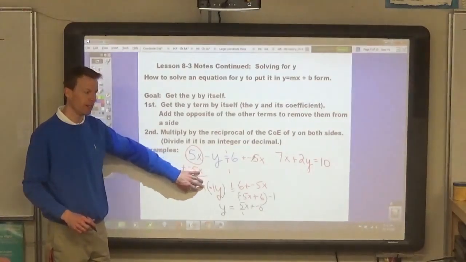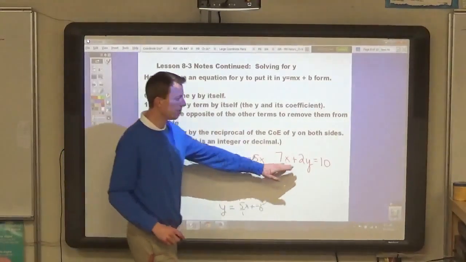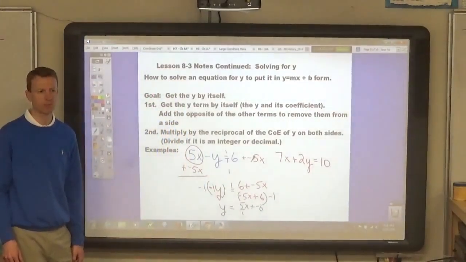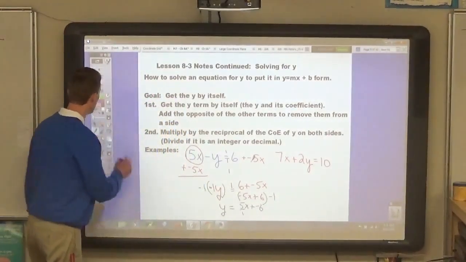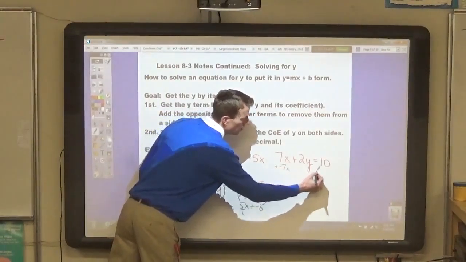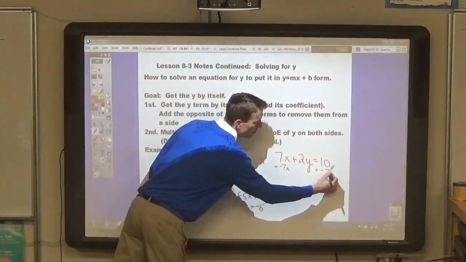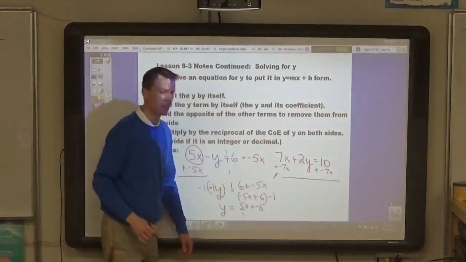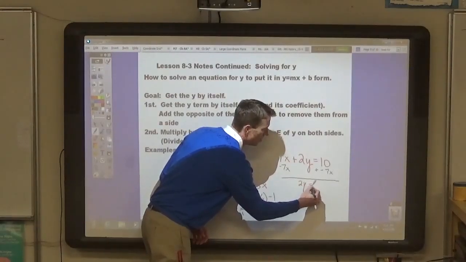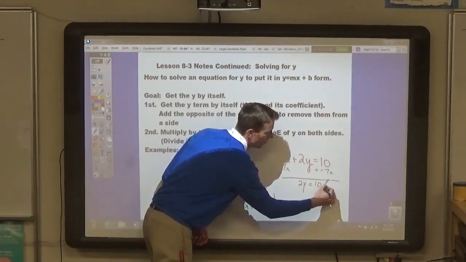On this one, it might be. Yep. How about this one? Solve this one for y. You have to get rid of the 7x. Then you have 2y equals 10 minus 7x.